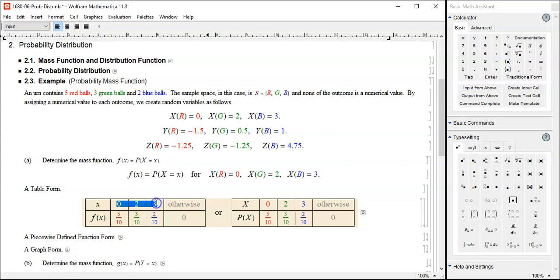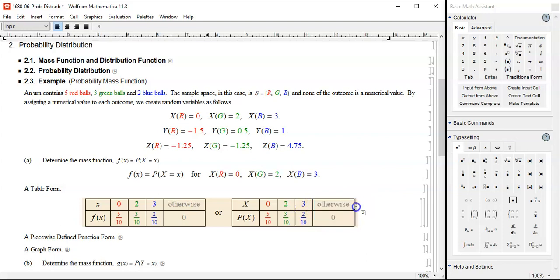We have the possible numerical values and corresponding probabilities. You can write it like this as well. Capital X for the random variable, and it can take 0, 2, or 3. And the probability for that, 5/10, 3/10, 2/10.